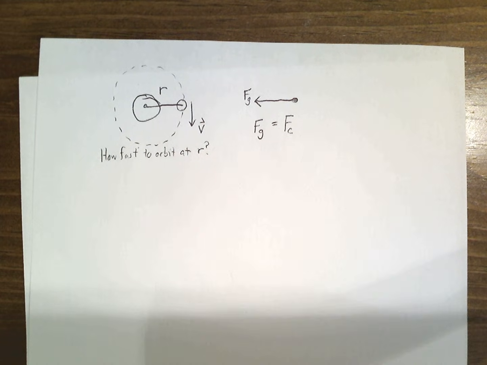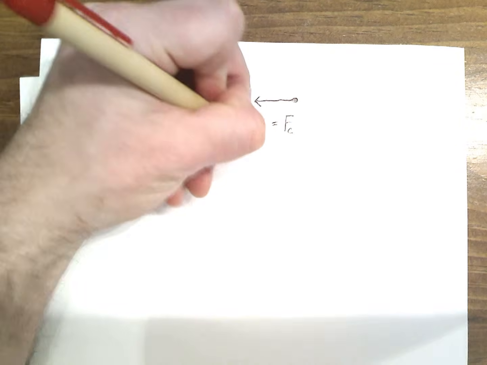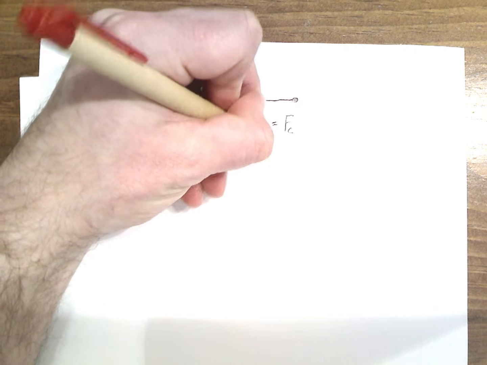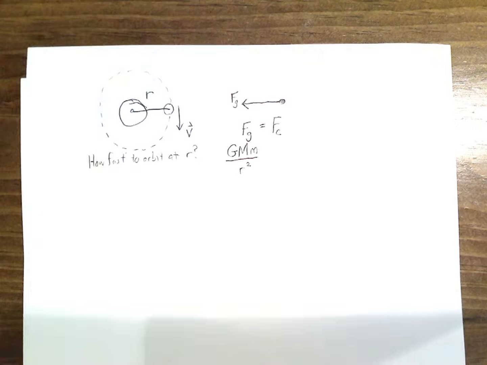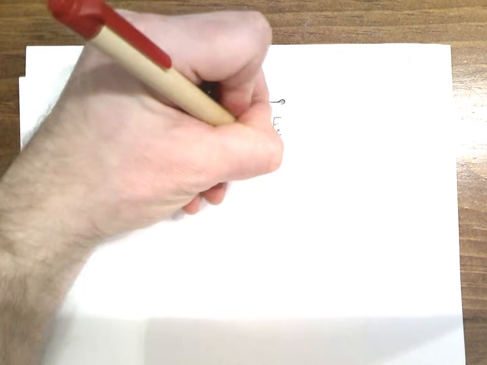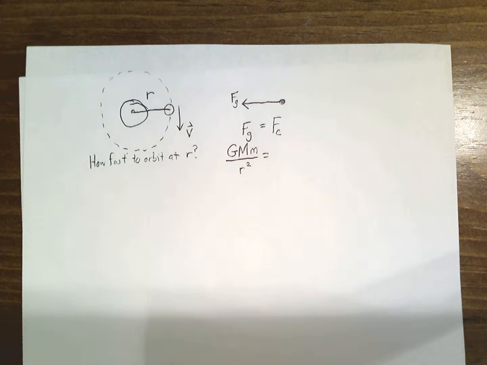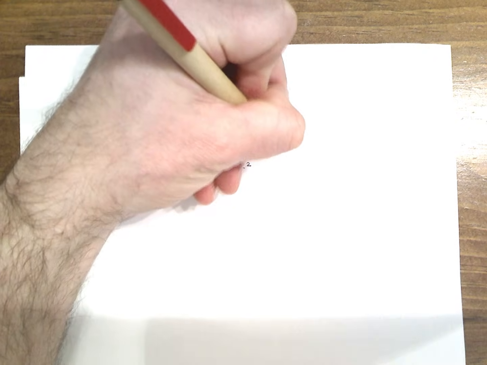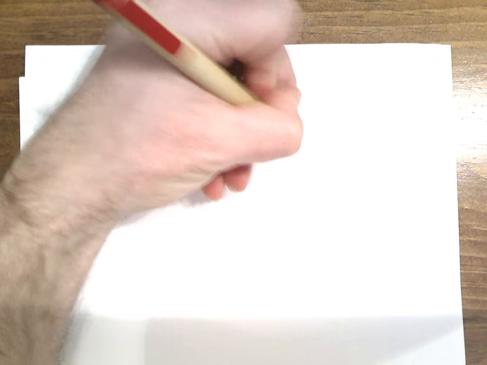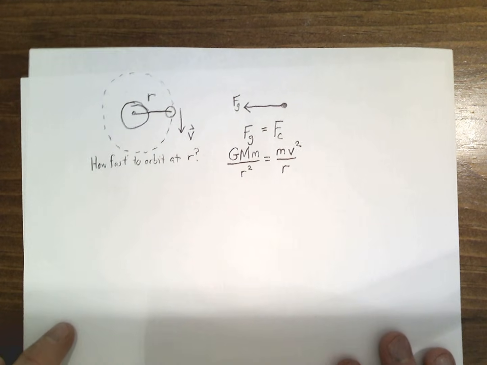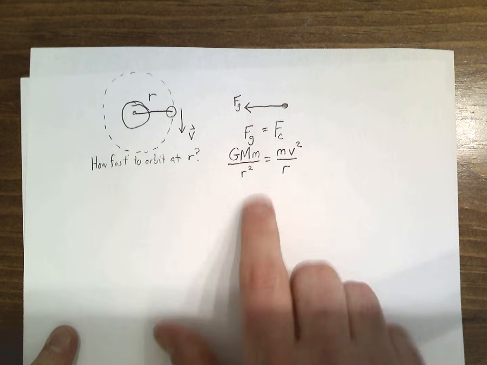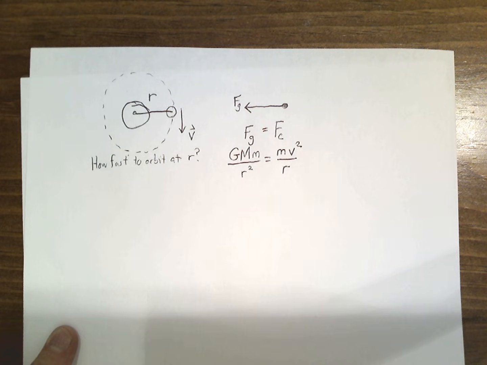So now we're going to make some substitutions. We're going to take our universal gravitational formula, G big M little m over r squared, and we're going to set that equal to the centripetal force, which has a formula mv squared over r. So a couple neat things to point out here. One, we have a little m on both sides of our equations.